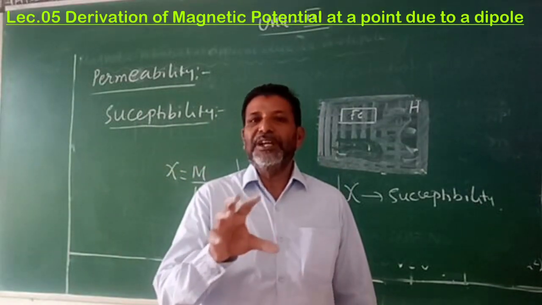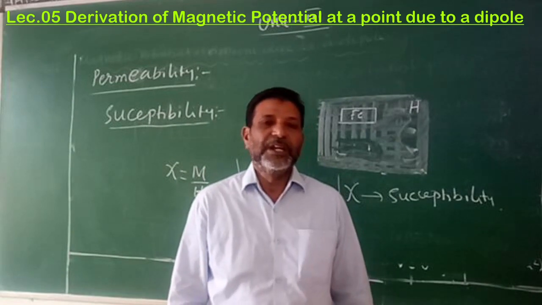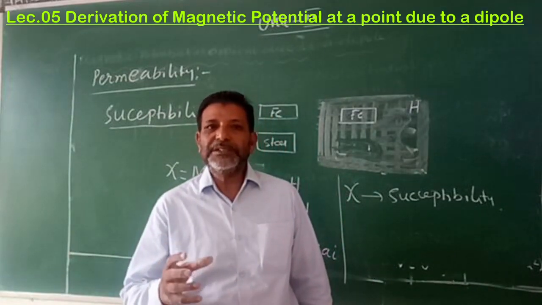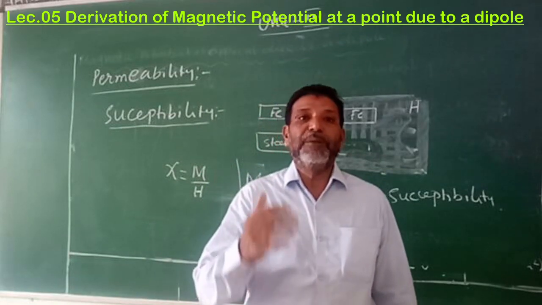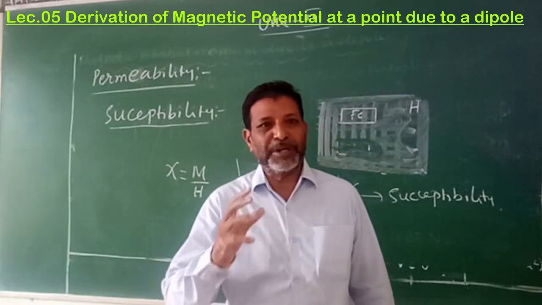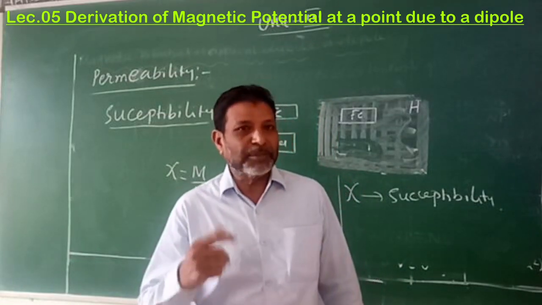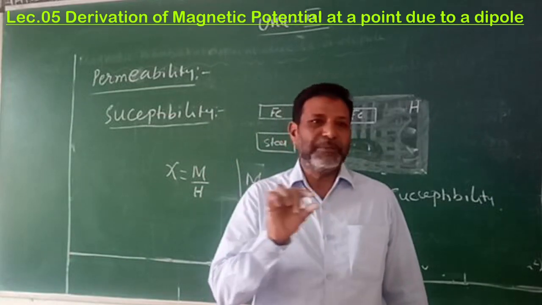Now, once again, I will repeat these two definitions. What is the permeability? It is the ability of the material to allow the magnetic lines of force to pass through it, known as the permeability. Next, susceptibility. In the susceptibility, there is a physical definition and a mathematical definition.